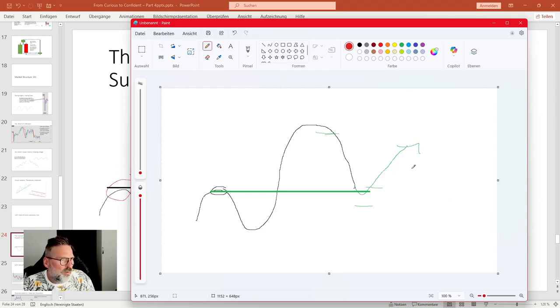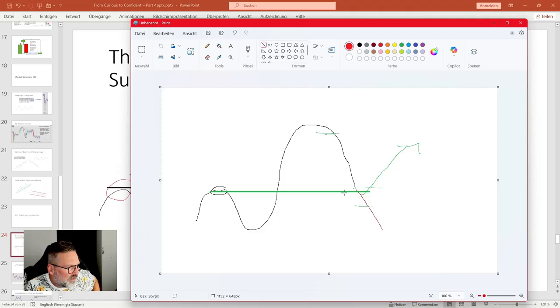What also can happen is that support gets broken. So we are trading through here, and that would be a clean breakout. We call that a breakout; the market breaks through. And what also can happen is that old support becomes resistance.